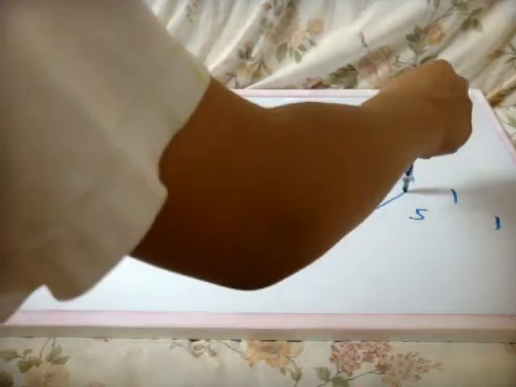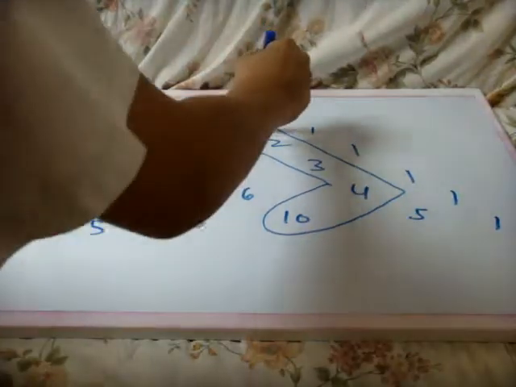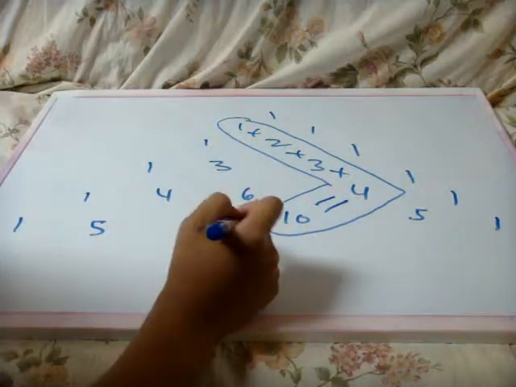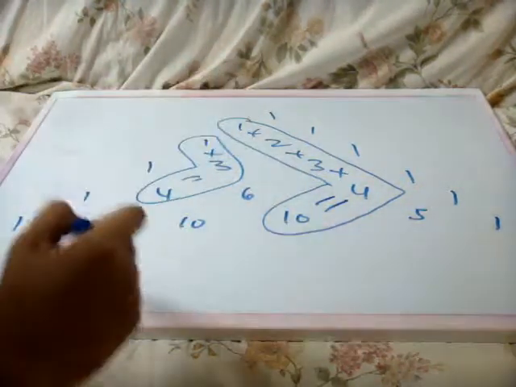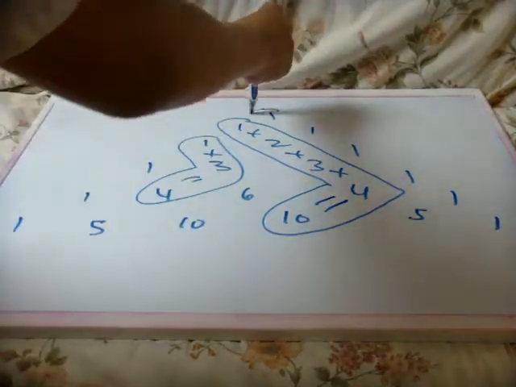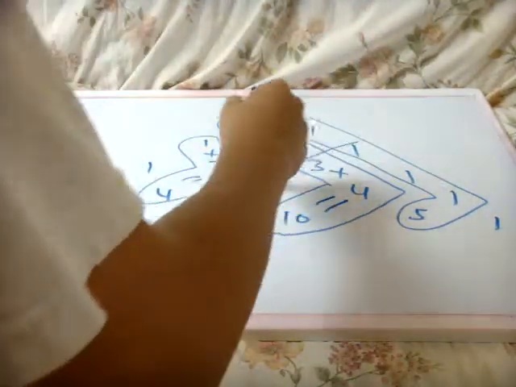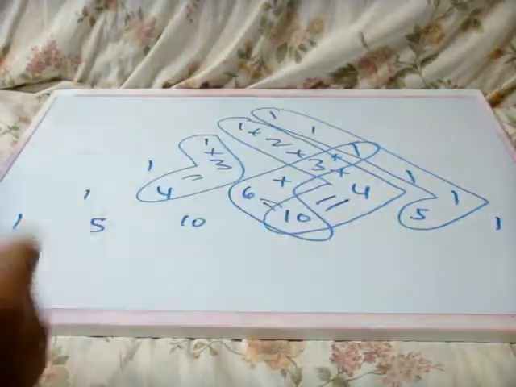It creates a sock-like shape, and if you add all these numbers together, 1, 2, 3, 4, you get 10. This can work for anything. 1 plus 3 is equal to 4. And then 1 plus 1 plus 1 plus 1 plus 1 is equal to 5. This also works this way, you just have to change the direction. So 1 plus 3 plus 6 is equal to 10.